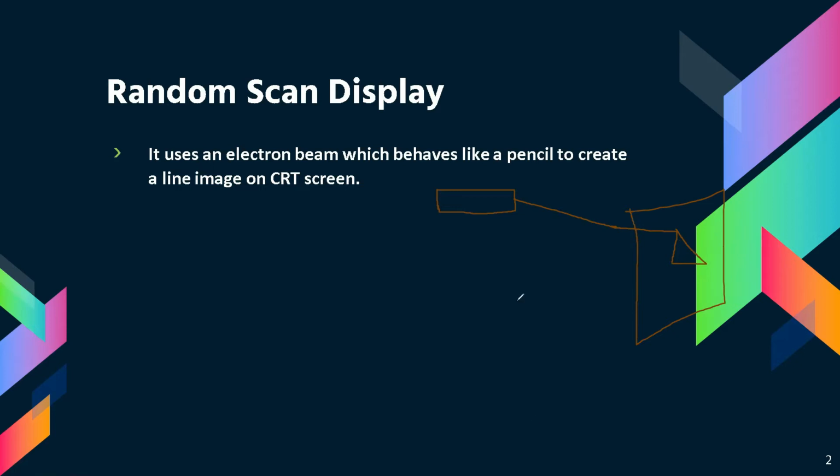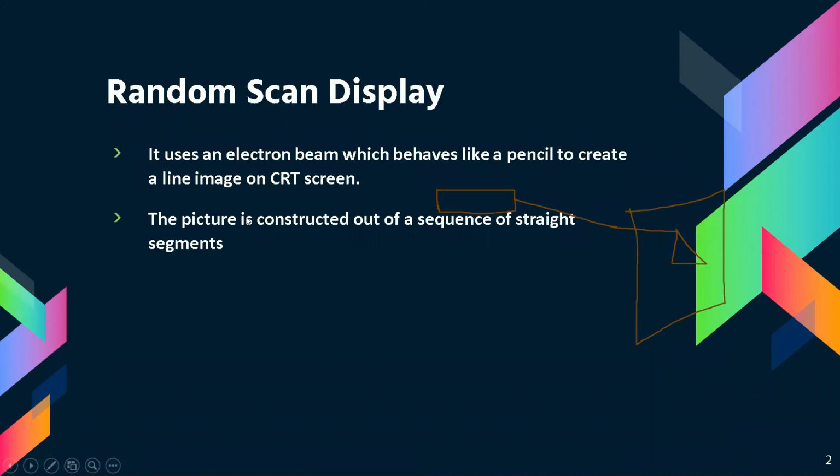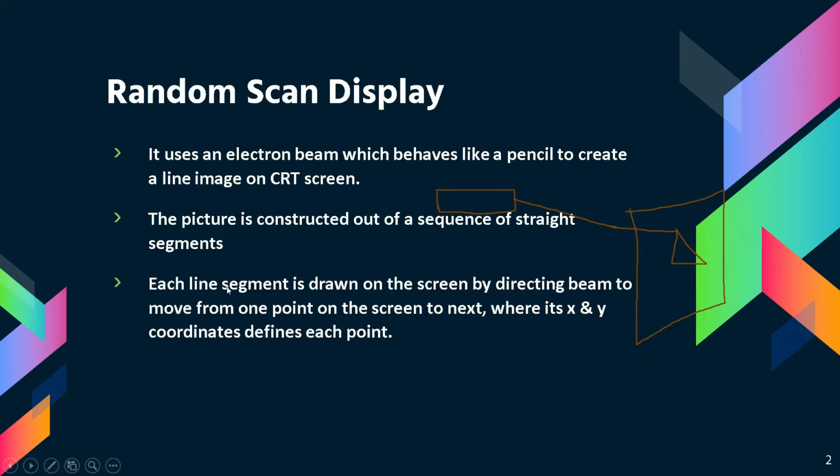Clear with that? So next, the picture is constructed out of a sequence of straight line segments. As I said, the picture is constructed using the lines. Each line segment is drawn on the screen by directing the beam to move from one point on the screen to the next.